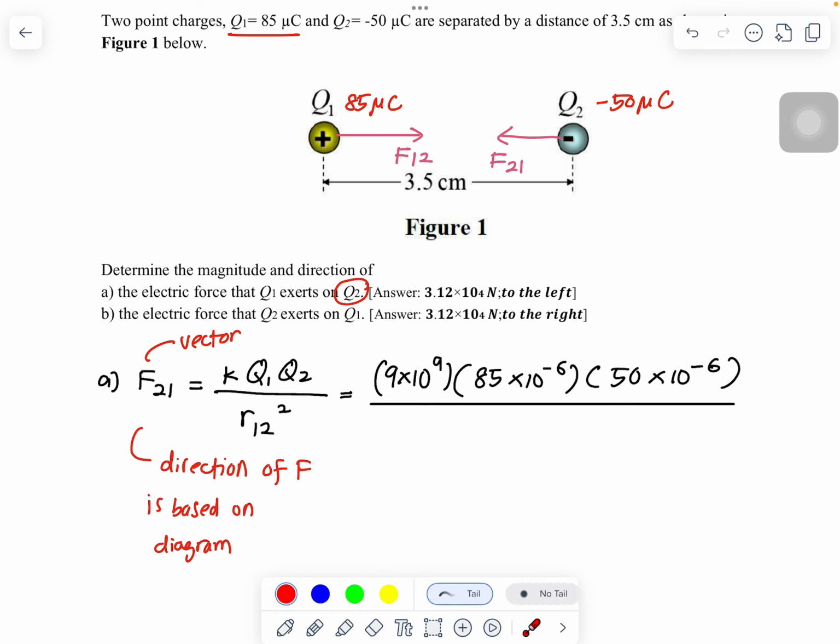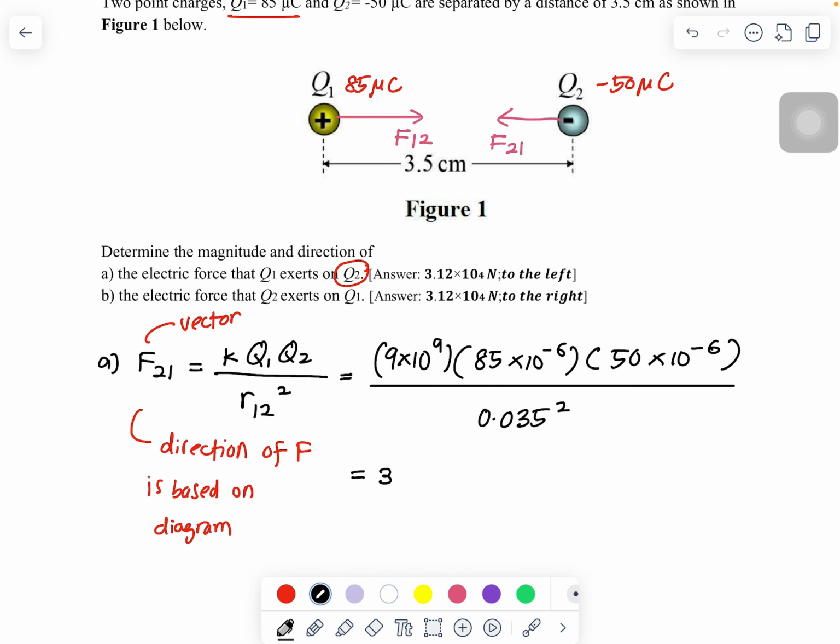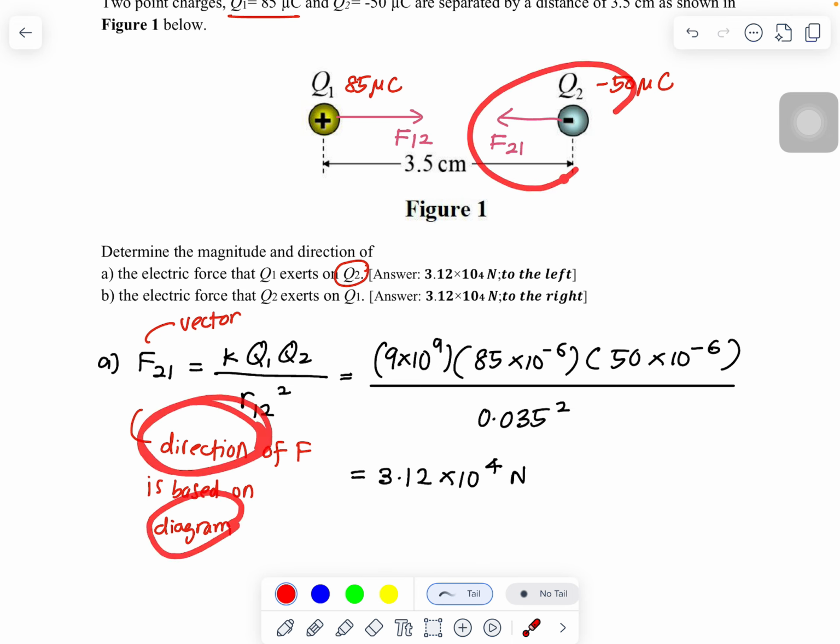And then divided by distance between them, 3.5 cm, convert to meter, and then square kan. So kamu akan tekan calculator, dapatlah 3.12 exponent 4 Newton. And then wajib tulis direction. Sebab tadi direction is based on the diagram, so kita tengoklah diagram dekat sini.